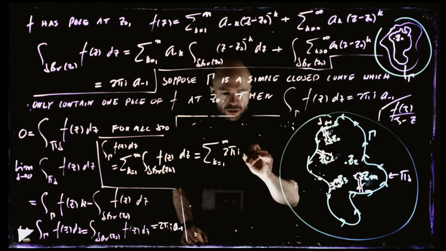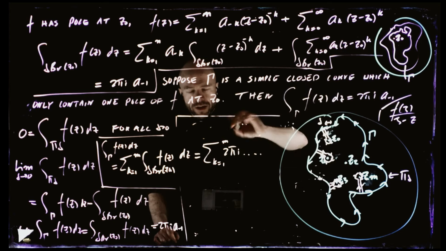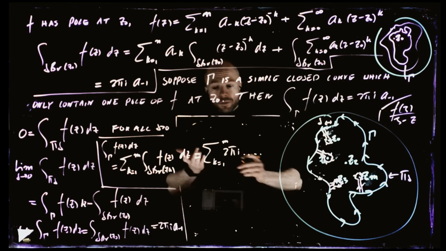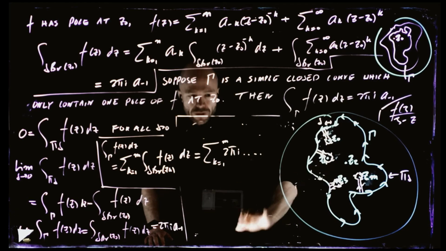So here I don't have a good thing to write because I don't know how to write a to the minus 1 in a way that indicates it's around each one of these points. I haven't got a notation for it yet. So therefore we need a notation for it, which is the concept of residue. So definition.